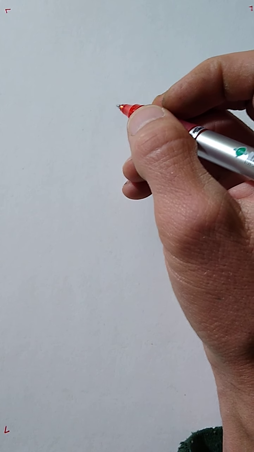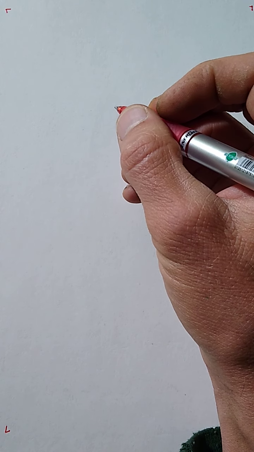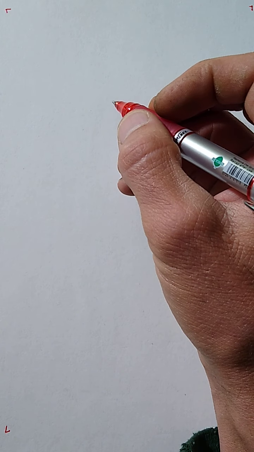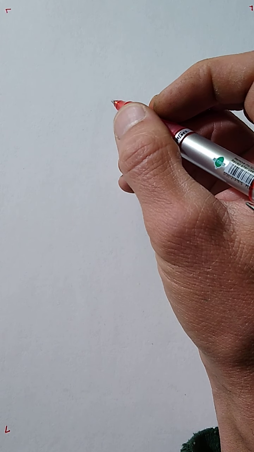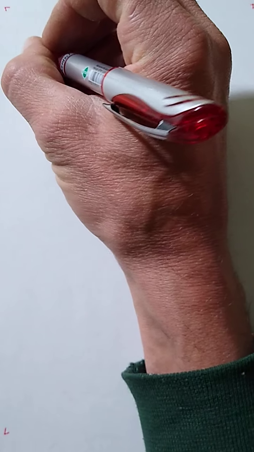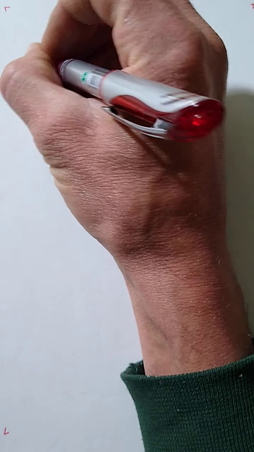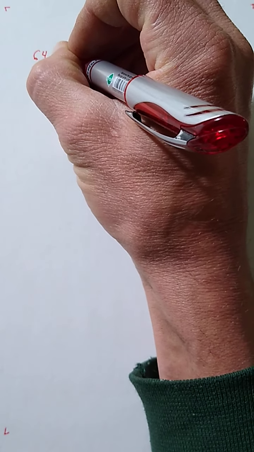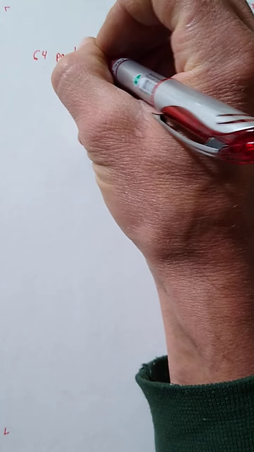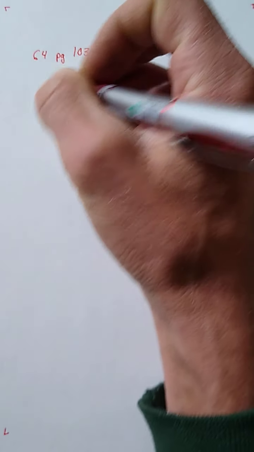Didn't necessarily want to fully finish a few problems, but I wanted to at least set up a few problems. The first one is number 64 on page 1035 in the book.